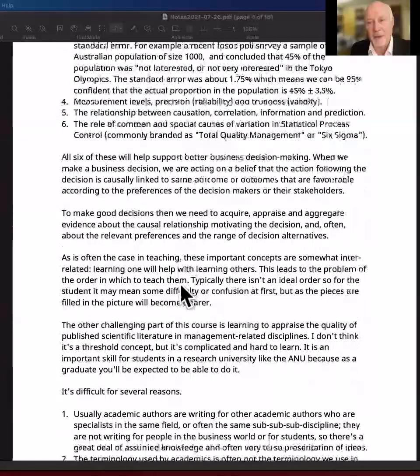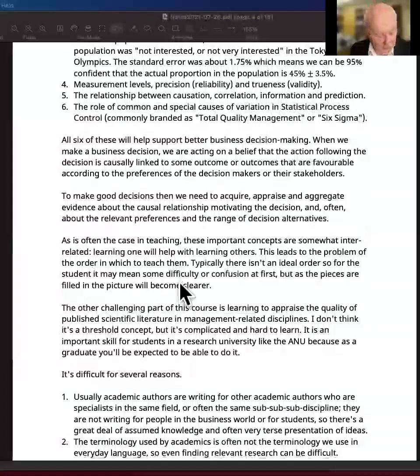So in terms of the motivation for these, the really important thing is that when we make decisions, the decisions are kind of inseparable from an understanding that what we decide to do is going to have some kind of causal effect. We decide to do something because we think it will cause something desirable to happen or prevent something undesirable from happening.